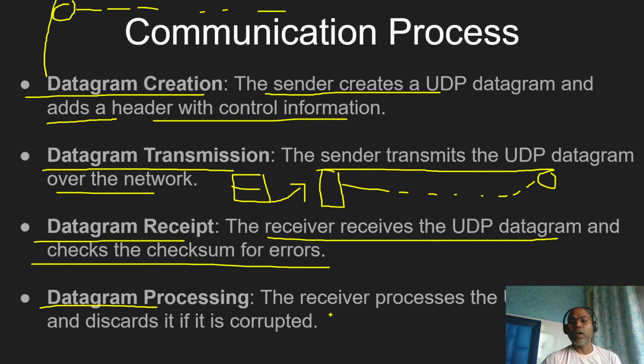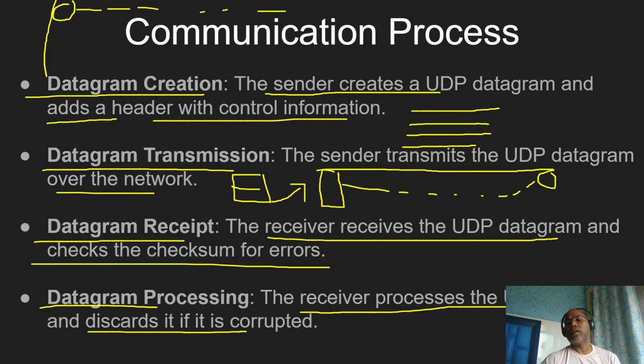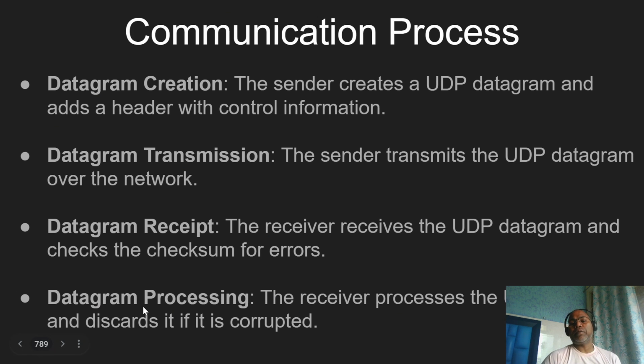Datagram processing: a receiver processes the UDP datagram packet and discards it if it is corrupted. If the receiver receives different packets at different times and decides the data is corrupted, it is not going to display it. Instead, it just drops them and displays the fresh, new data.